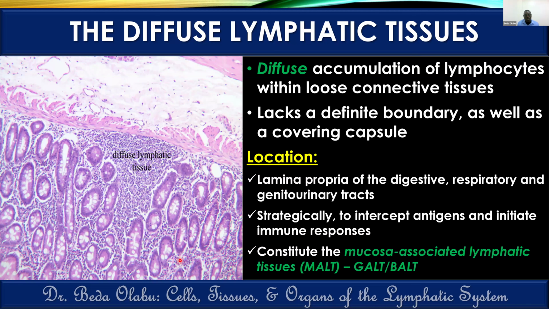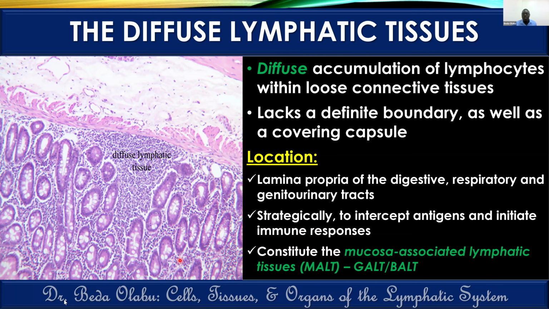Now, they may go with other unique names. For example, we call them the mucosa-associated lymphatic tissues, MALTs, because they are found within the mucosa. And depending on the organ of location, it may have another name.